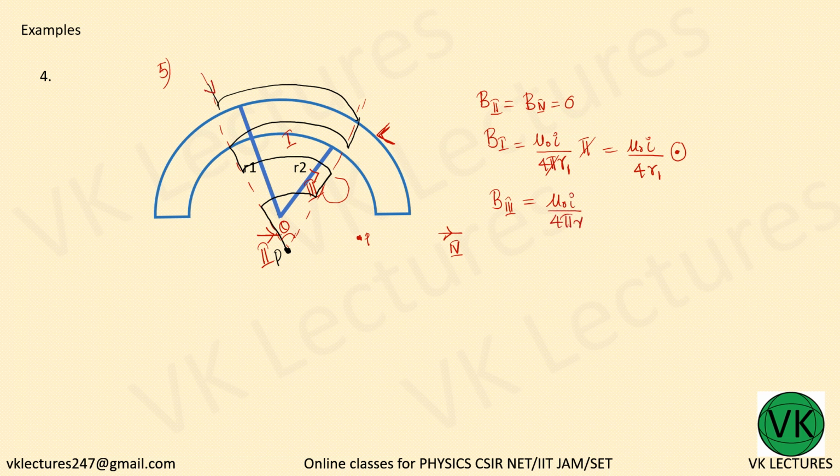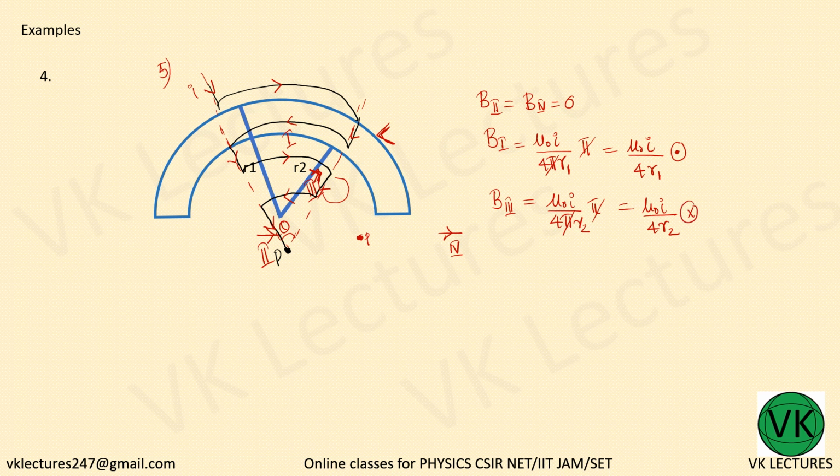R means here r2, this is the radius r2, into the angle, which is the same as it is also a semicircle, half circle, it is pi only. So this gets cancelled, mu 0 I divided by 4 r2, and what is the direction here? This is the current direction, so this is clockwise, so it will produce a magnetic field into the plane here.